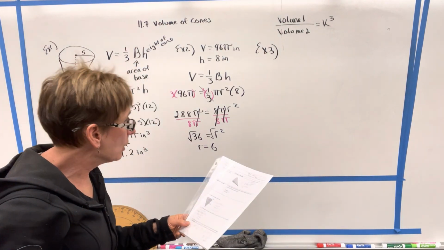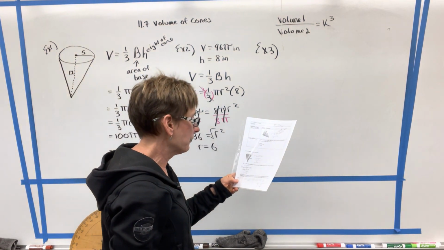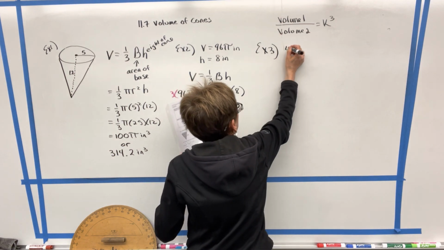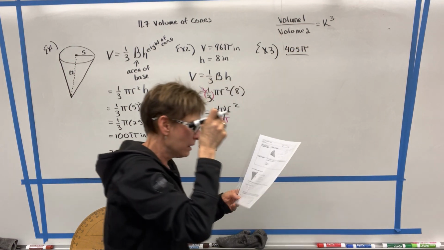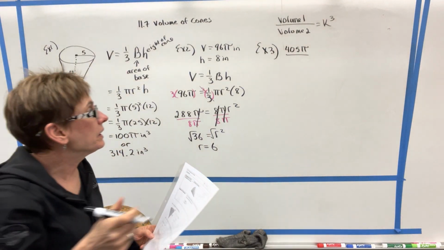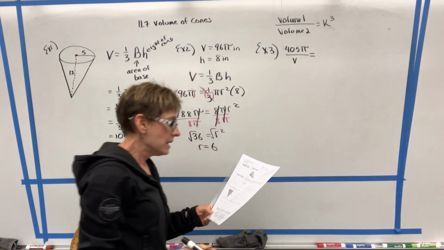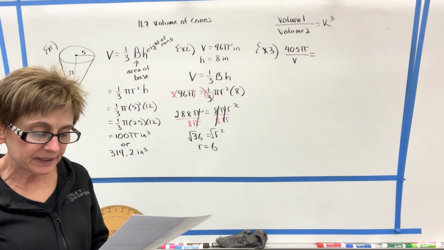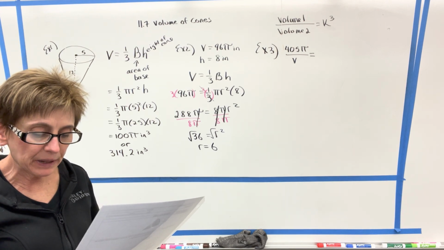So let's go ahead and plug the information we have in. First of all, the first volume is 405 pi, so I'm going to put that on top. On the second cone, we don't know the volume, so we're just going to call that V. Now remember, scale factor means side divided by side, or in this case, height divided by height.